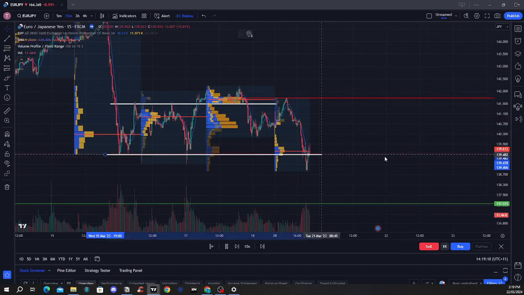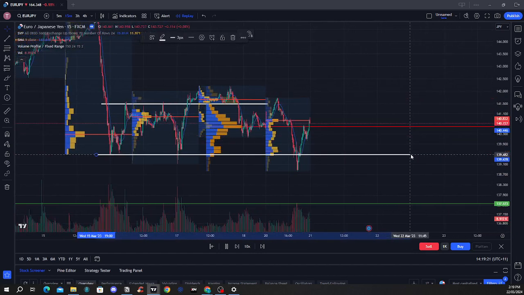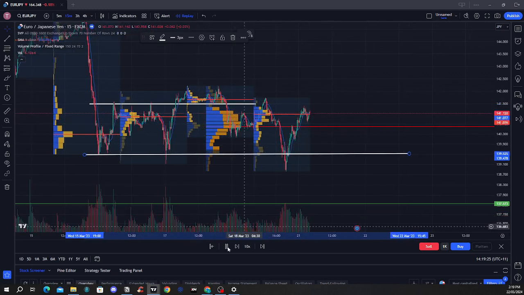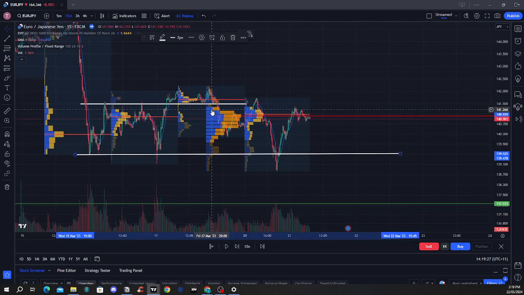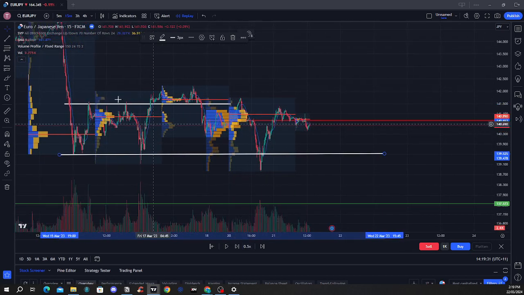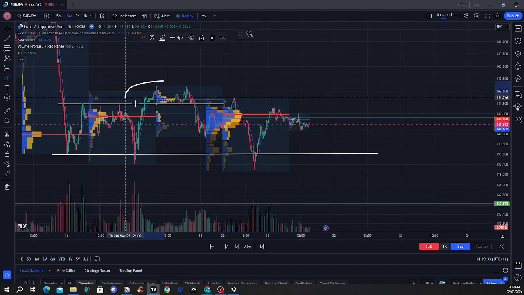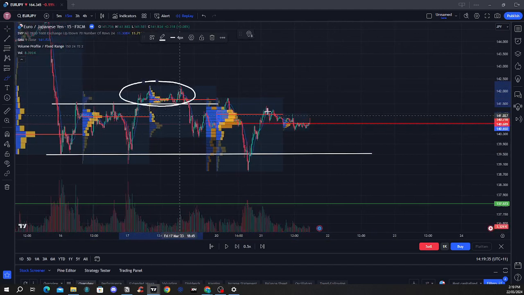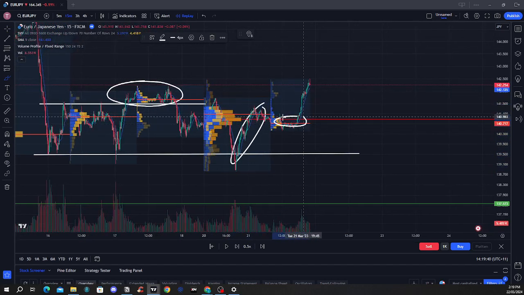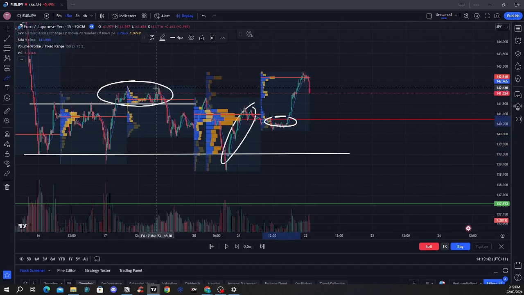All right, so here we have 3 secondary tests. I'll just pause this for a moment. We've got a sign of strength here, a sign of strength rally, another backing up action, sign of strength.